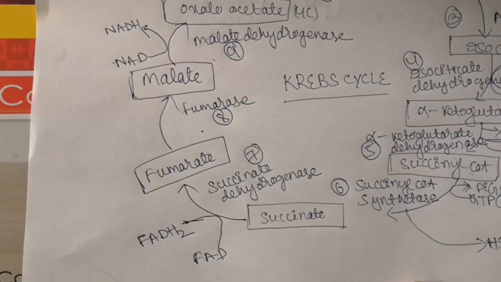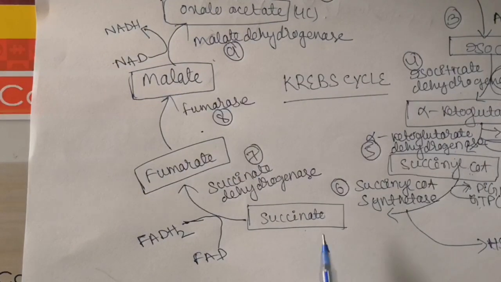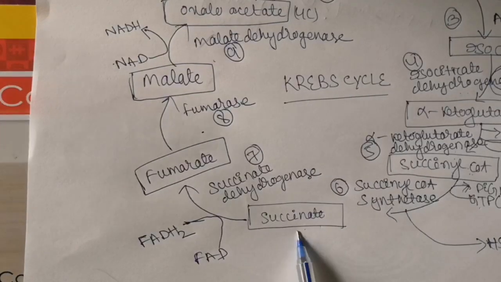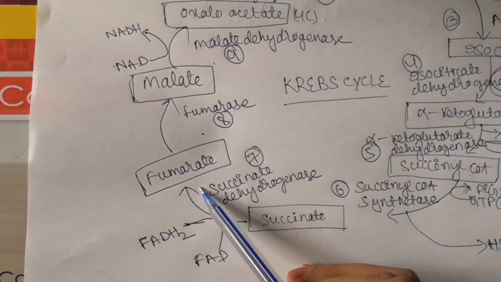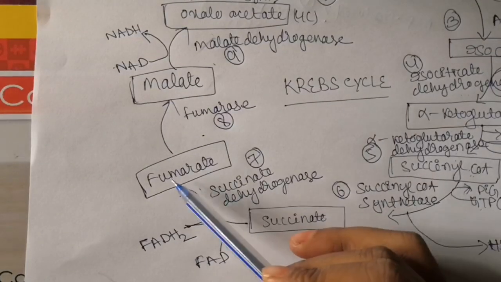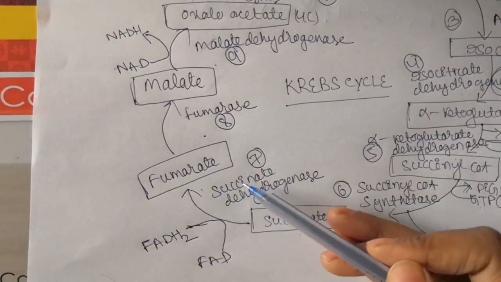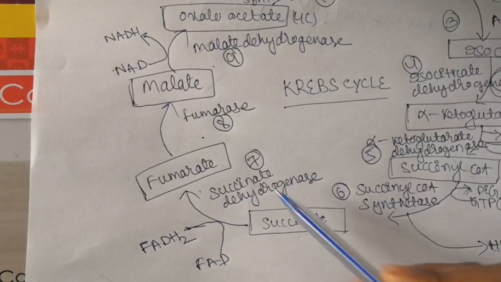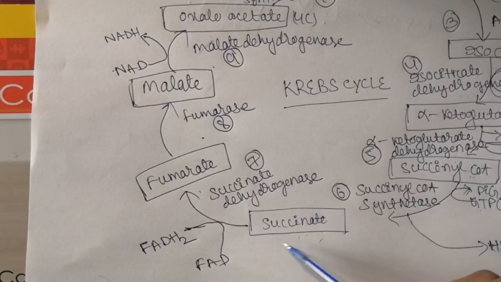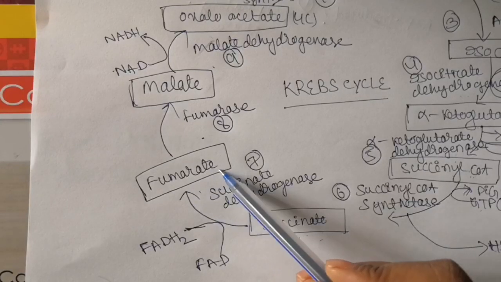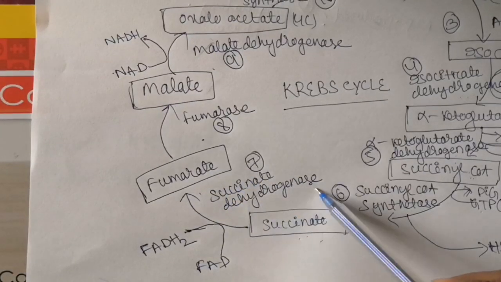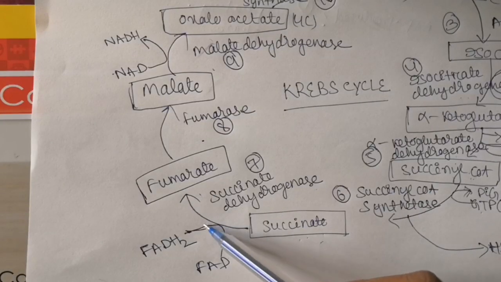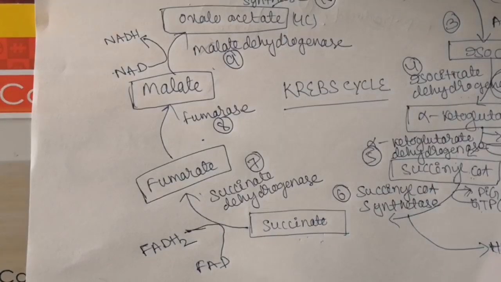Next, succinate is converted into fumarate by the enzyme succinate dehydrogenase. This is the 7th reaction, and here FAD is reduced to FADH2.